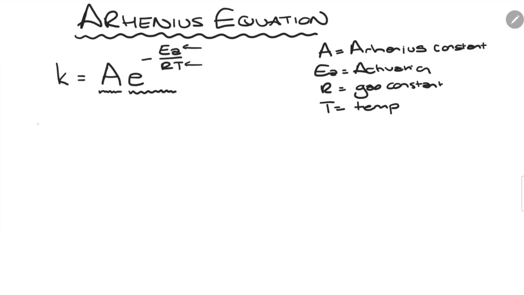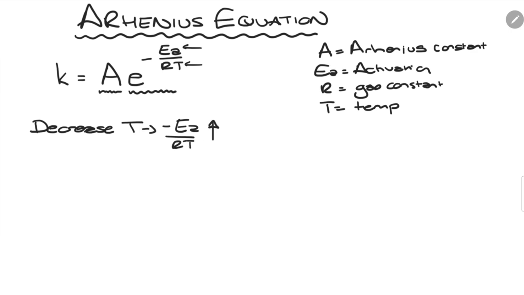In here, if we were to decrease the temperature of a reaction, so we made the temperature smaller, the bottom line of the fraction, so minus EA over RT, would get larger.